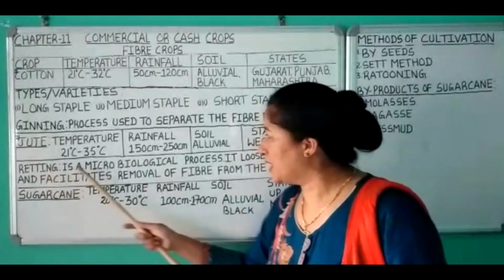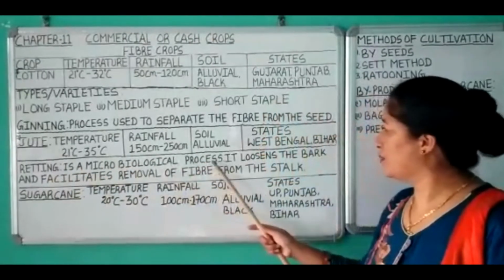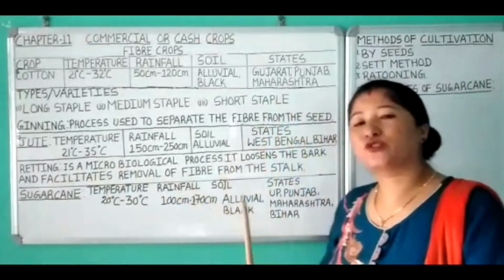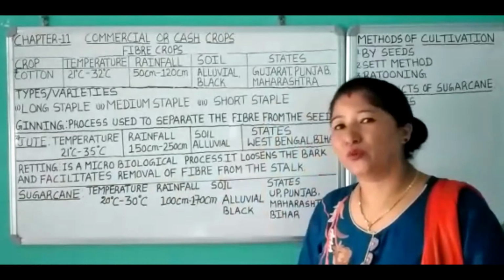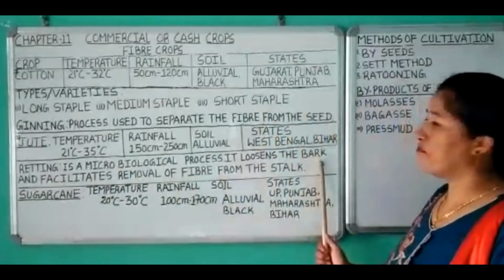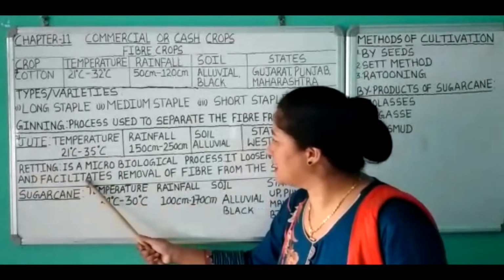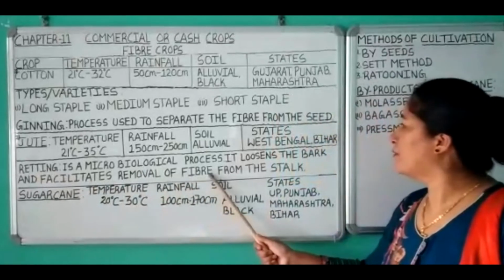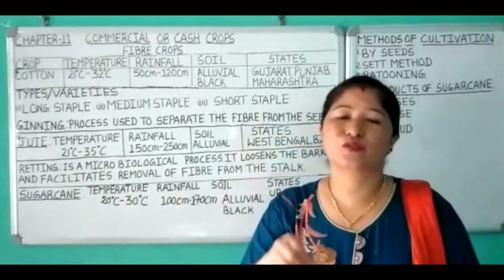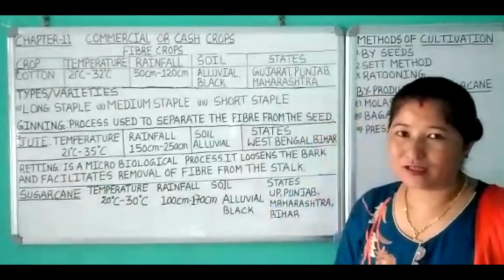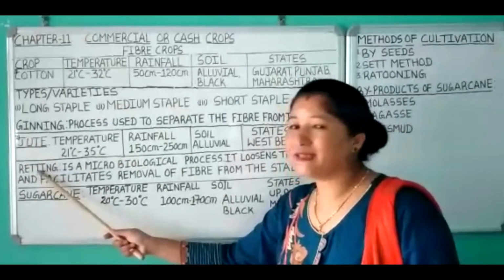Here, retting is a microbiological process in which the jute bundles are soaked in water for 2 to 3 weeks to loosen the bark and facilitate the removal of fiber from the stalk, so that the fiber can be easily removed from the stalk. So that process is known as retting.